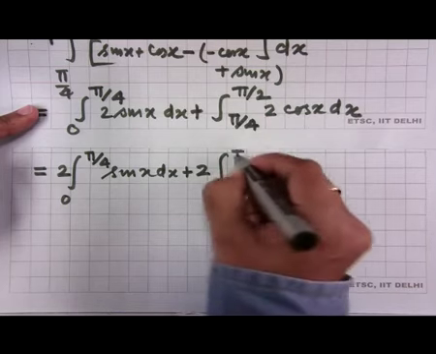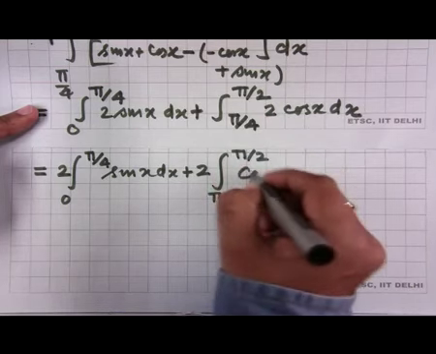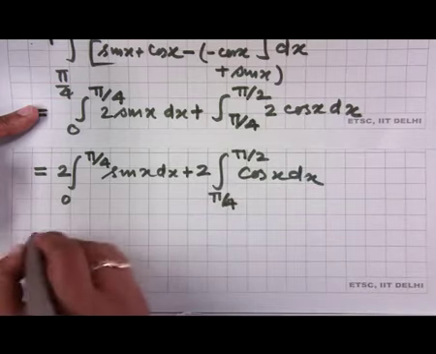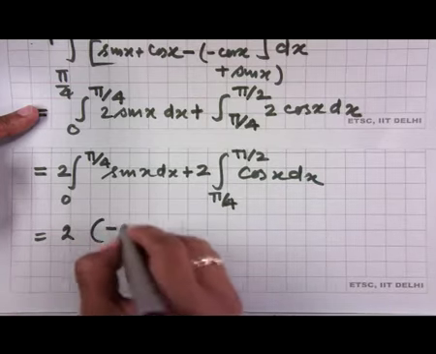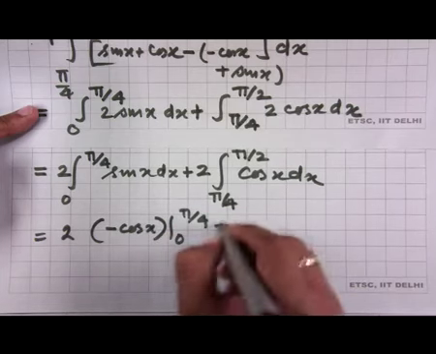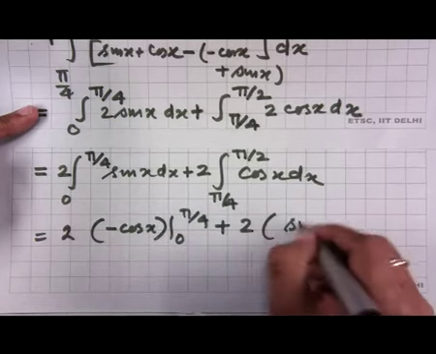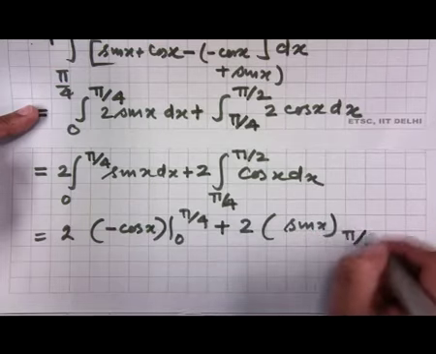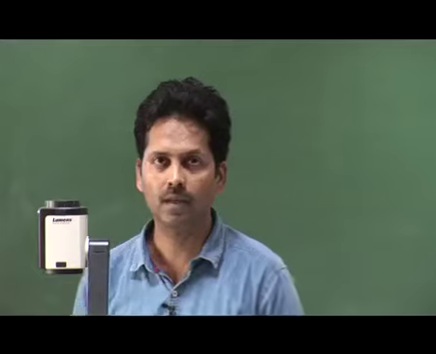So, you got this: the integration of this is minus cos x from 0 to pi by 4, plus the integration of this is sin x from pi by 4 to pi by 2.